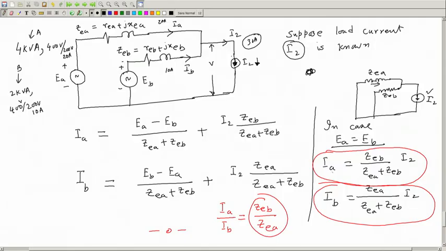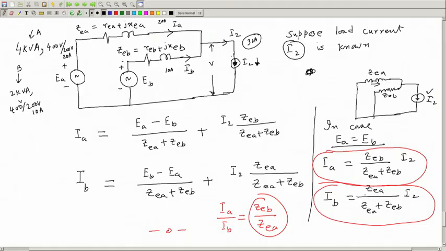So approximately IA will be this and IB will be this. If EA equals EB, this will be the case. Even if EA is slightly different from EB, I can calculate the exact values, but this also gives you an idea of how IA and IB will be.